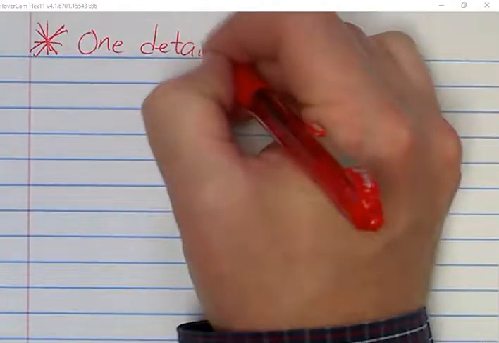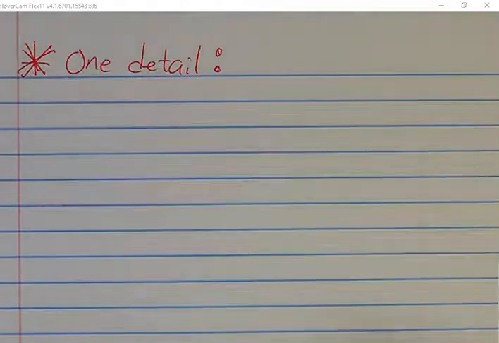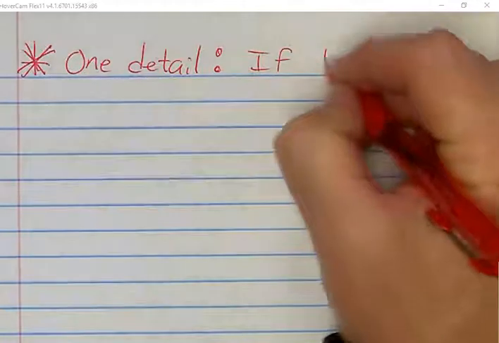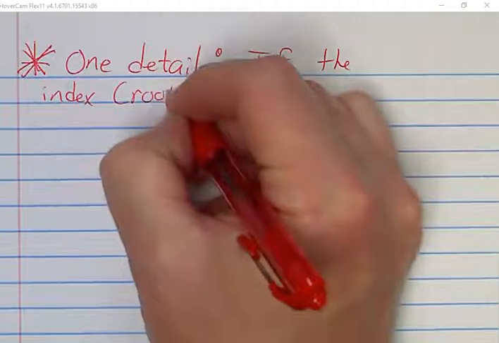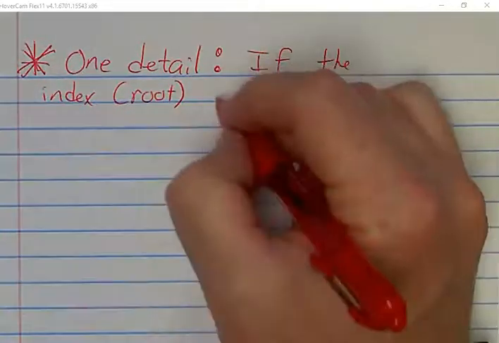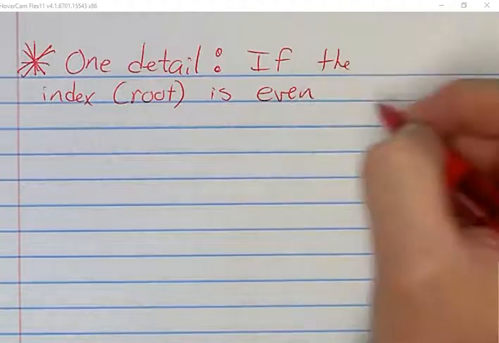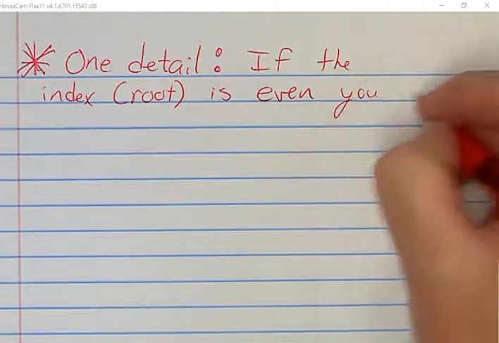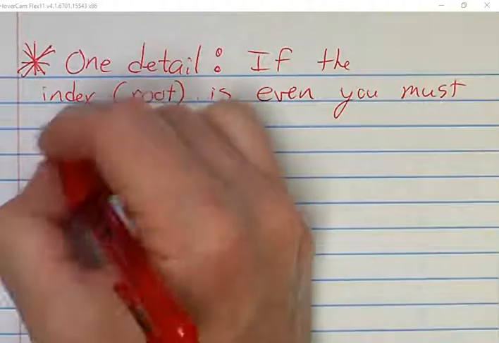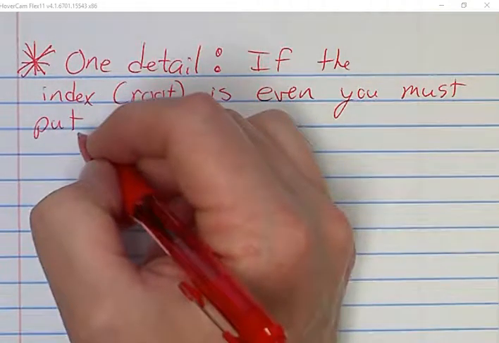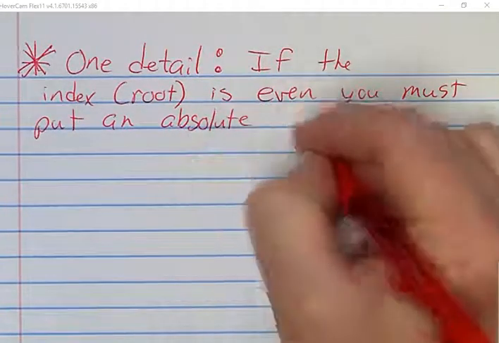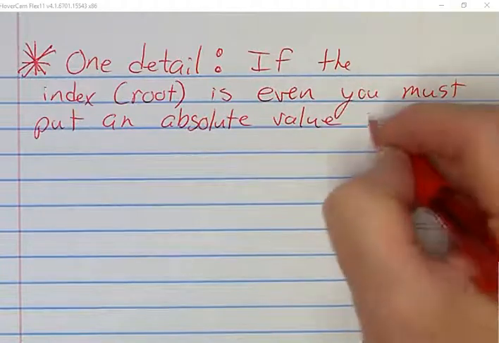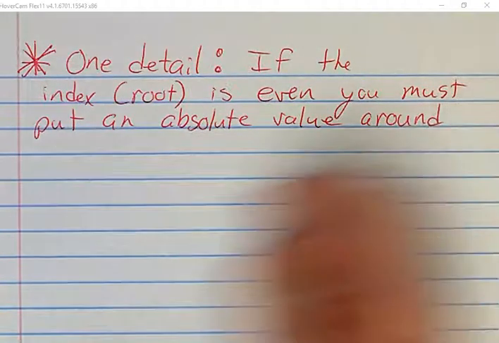So here's the one little detail that you've got to be careful of. If the index or the root, whichever way you want to call it, is even, you must put an absolute value around your answer.